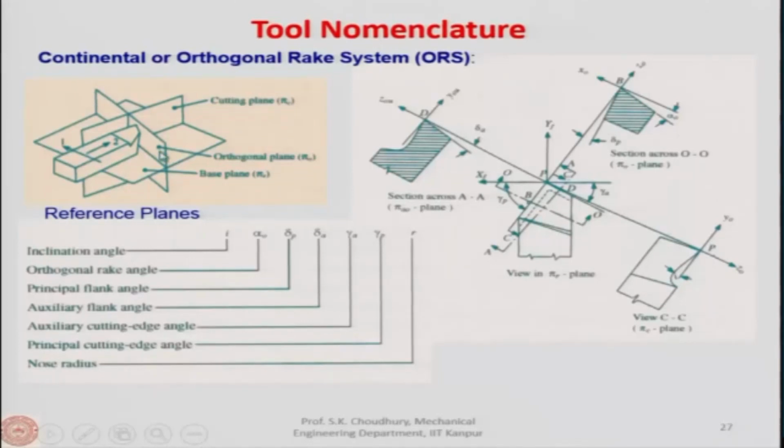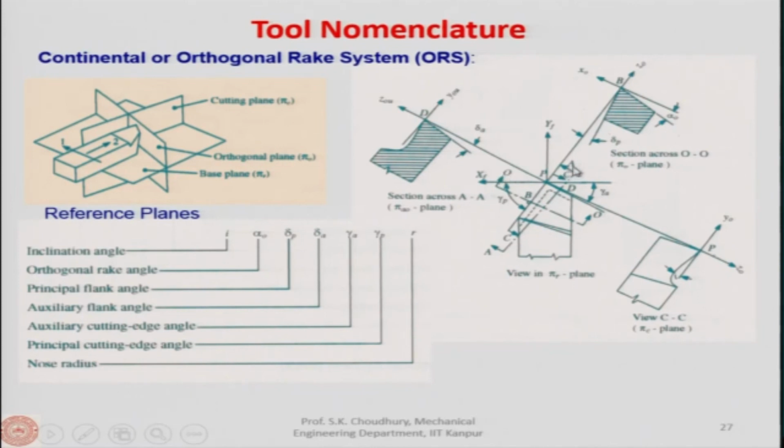Now, perpendicular to that is the orthogonal plane. The orthogonal plane is actually perpendicular to this. Therefore, if we have the tool viewed in the base plane like this, at this point B, we will take such kinds of sections.